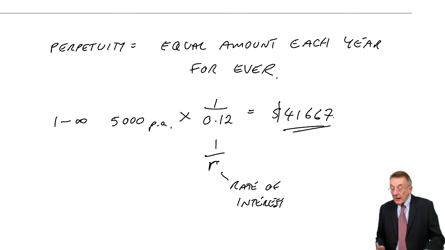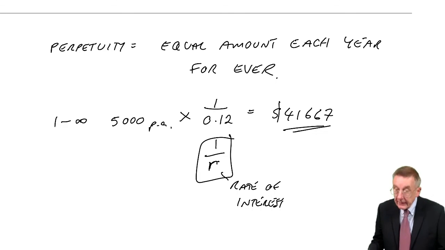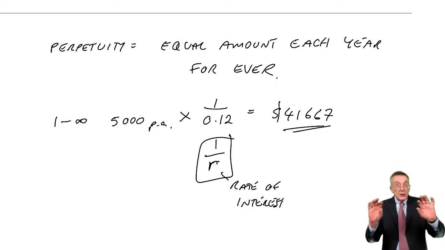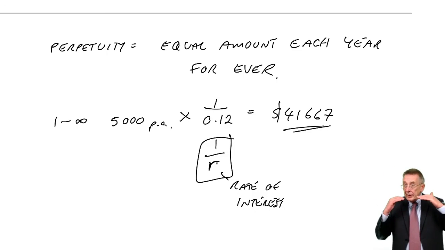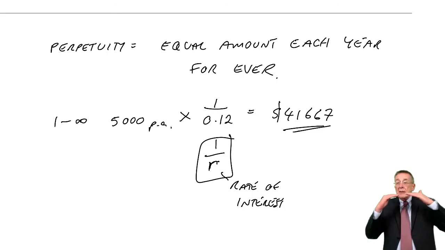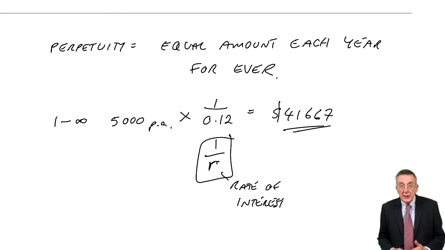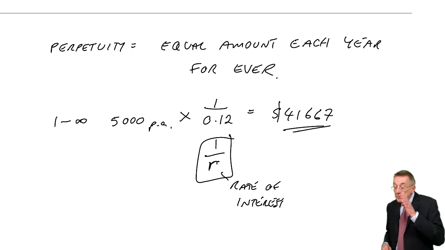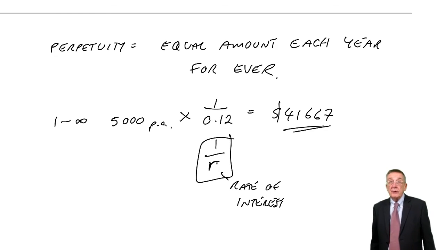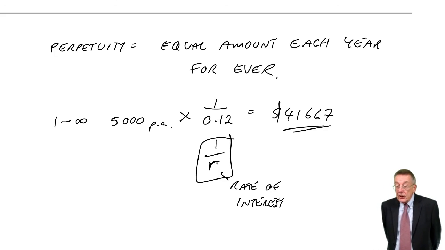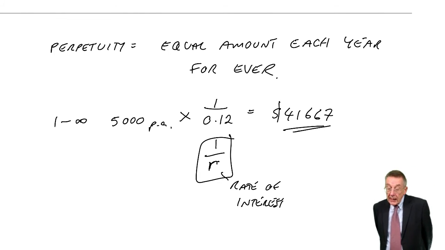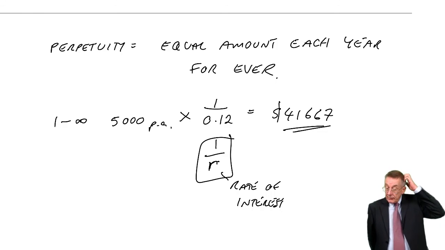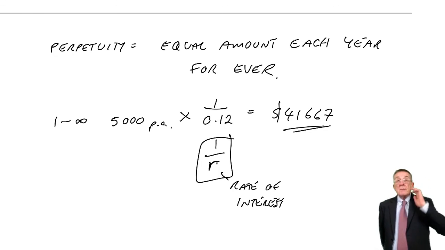And there we are. Now learn that. For individual flows, individual amounts, we've got the present value table. For an equal amount each year, we've got the annuity table. But if it's a perpetuity, you're not given that formula. It's easy. You multiply by 1 over R.